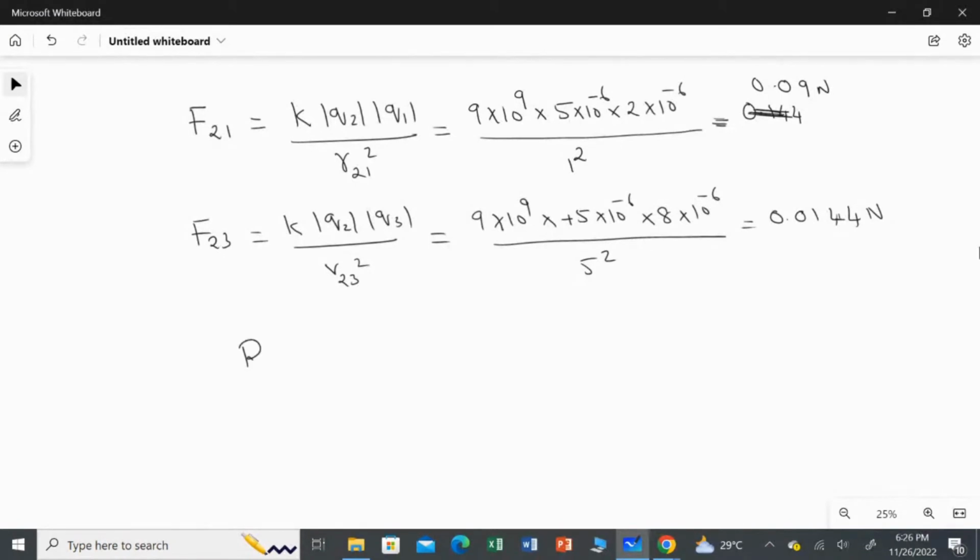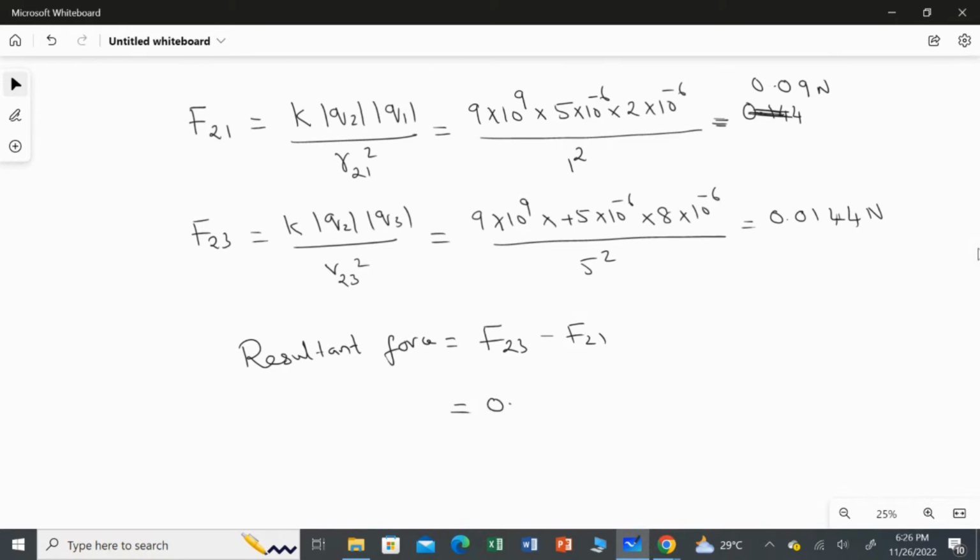So the resultant force is equal to F of 23 minus F of 21, right?